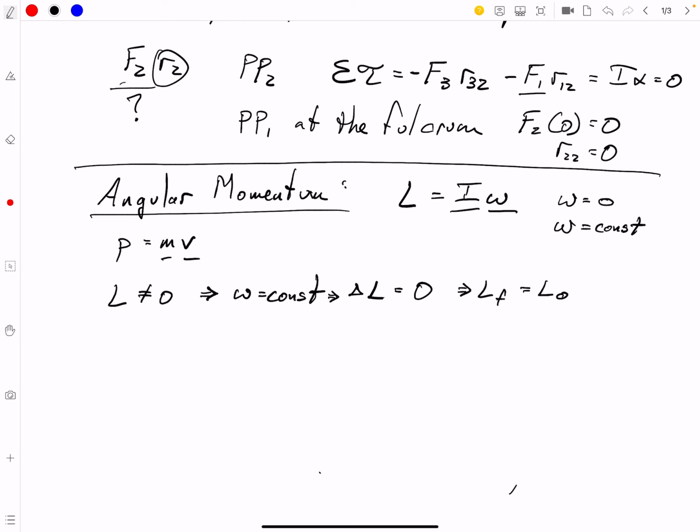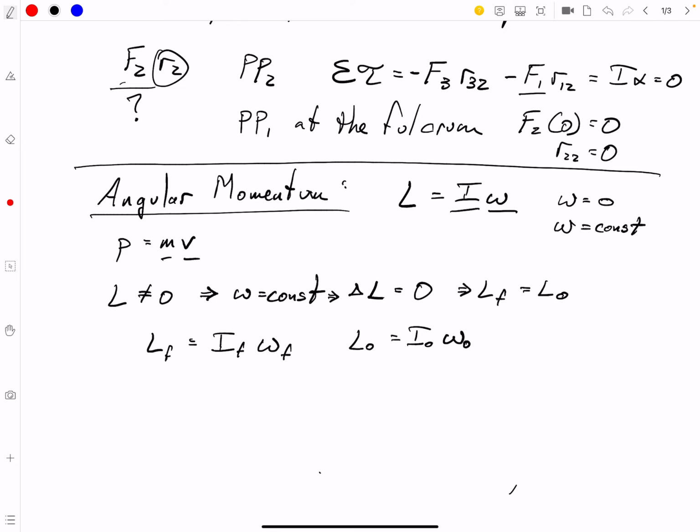But we all know, and we did a lab just now, or recently, that L final could equal I final omega final, because the I could change. Our initial could be I initial omega initial.